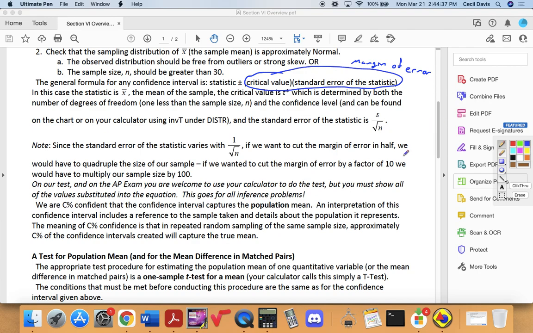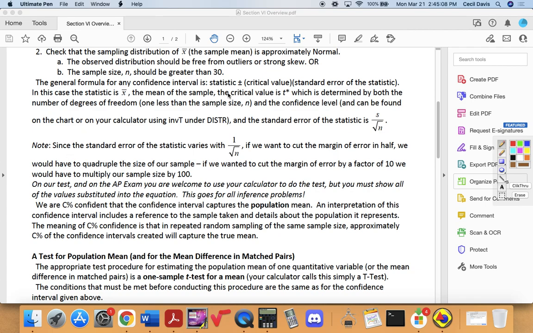All right, here's something that I want to highlight. I haven't made enough of it. I talked to Mr. Hedstrom yesterday, and I did some looking around. Basically, on our test this week and on the AP exam, you're welcome to use your calculator to do something on the test, but you must show all of the values substituted into the equation.